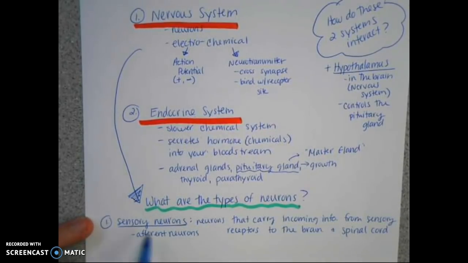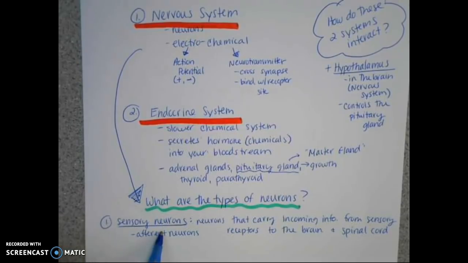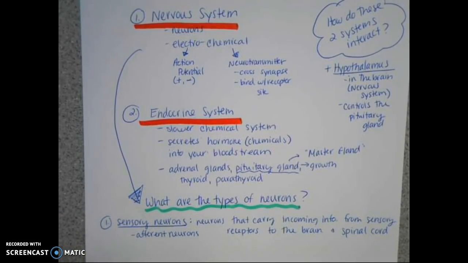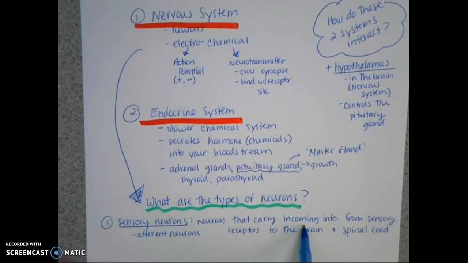So once again, sensory neurons are the neurons that are going to be activated by information coming in from your environment. So when you think about touch, you have specific receptors in your skin that respond to pressure. That pressure is going to trigger sensory neurons to carry that message of being touched, if you will. It's going to carry that information from the sensory receptors that respond to pressure towards the spinal cord.